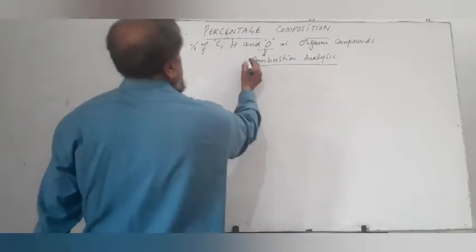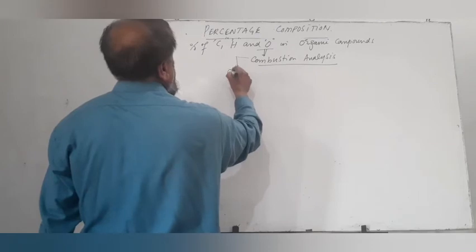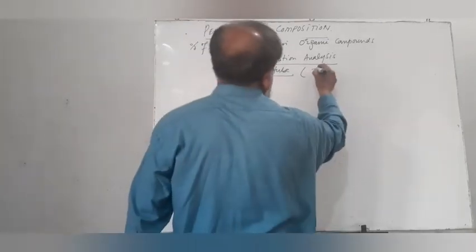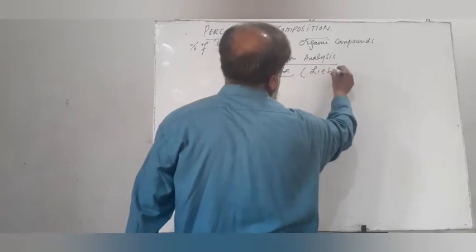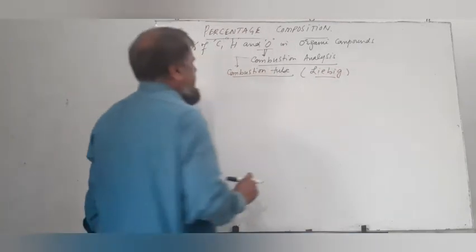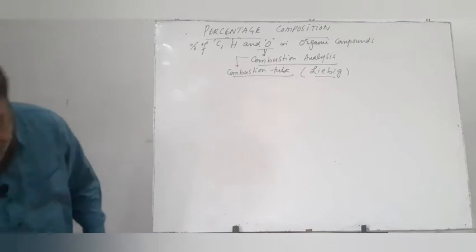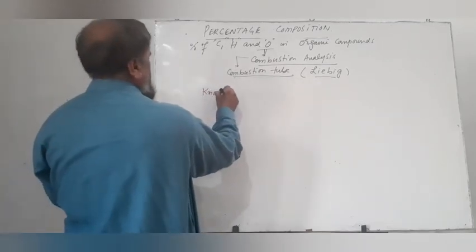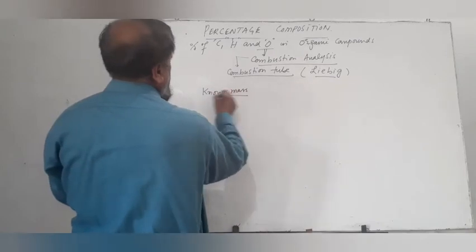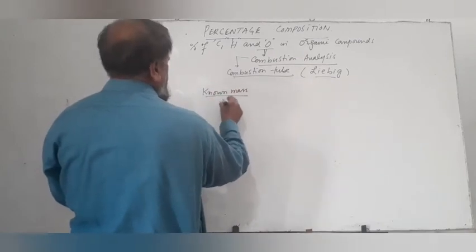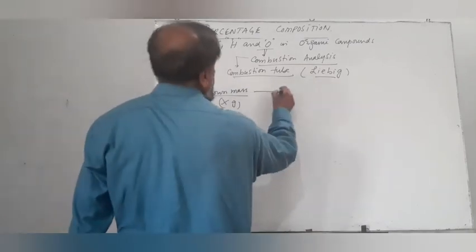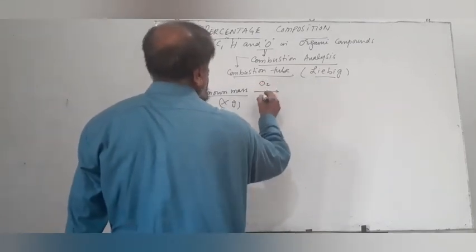In combustion analysis, an apparatus is used which is known as the combustion tube. It was made by a scientist whose name was Liebig. In combustion analysis, a known mass of organic compound, let us suppose we have X grams of compound, is taken in the combustion tube and burnt with oxygen.